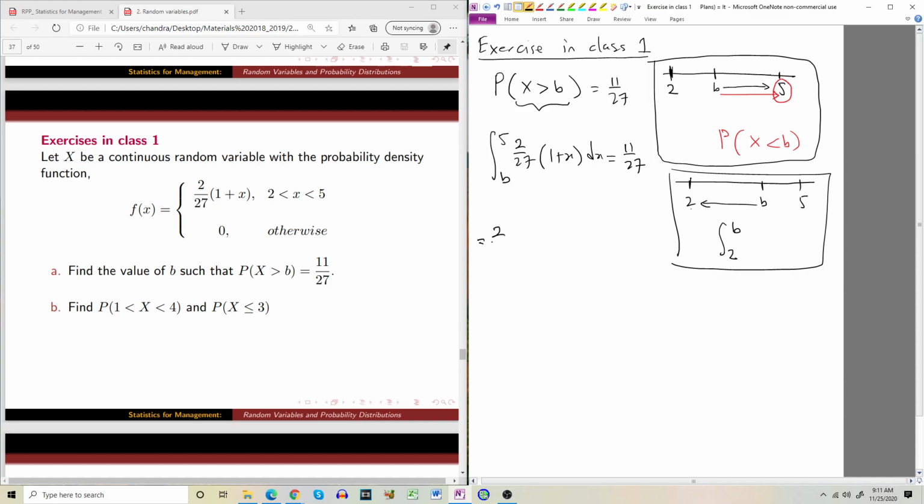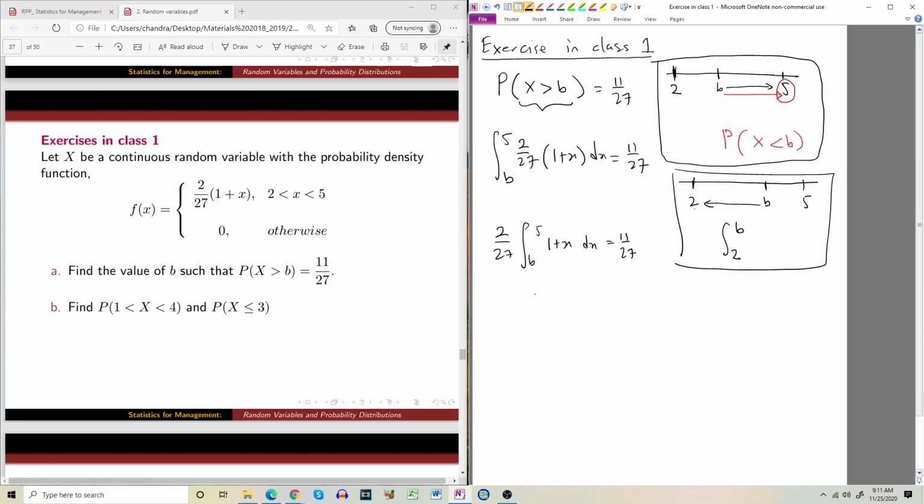In integration we can take out the constant. You can divide by the constant. I'm integrating now from b to 5.